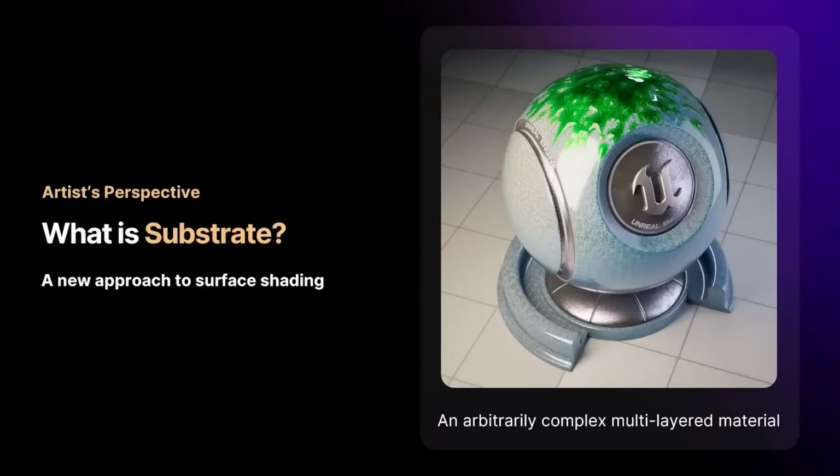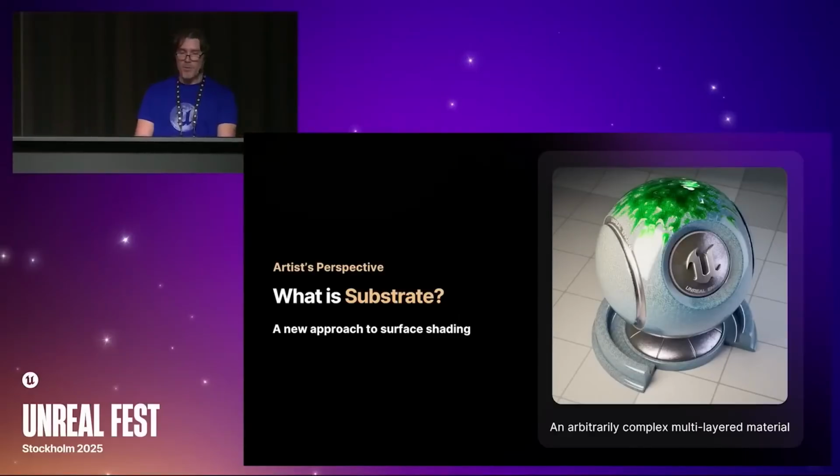It blends a subsurface base with a metallic layer, which combines with a tinted clear coat, and finally, a variable thickness goo layer is drizzled on top. It's synthetic, yes, but there is similar layering in real use cases like sweat on skin or ice over rock. For artists, Substrate gives much more expressive control and helps materials behave more intuitively under lighting, especially for layered or physically rich surfaces.